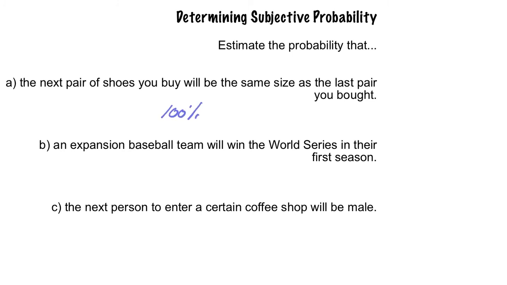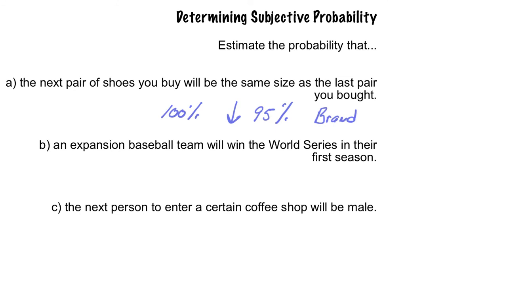The factors that would drop it to say 95%, 85% would be the brand perhaps of shoe that you're buying, because different brands may shape their shoes differently. You may need a smaller or a bigger size of shoe just depending on how your foot is constructed versus how the brand makes the shoe.